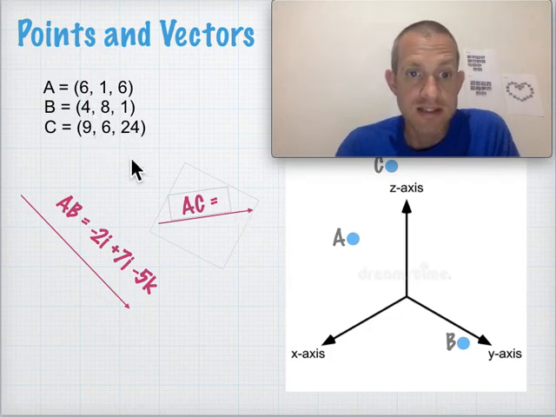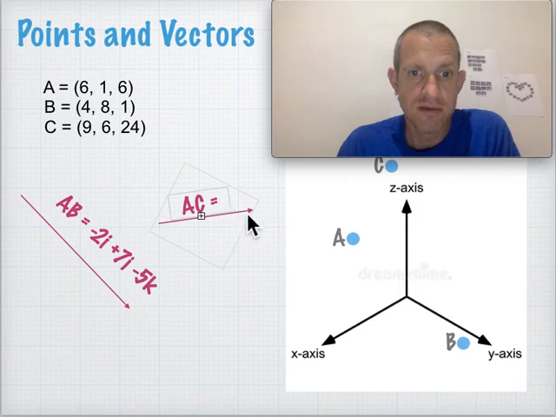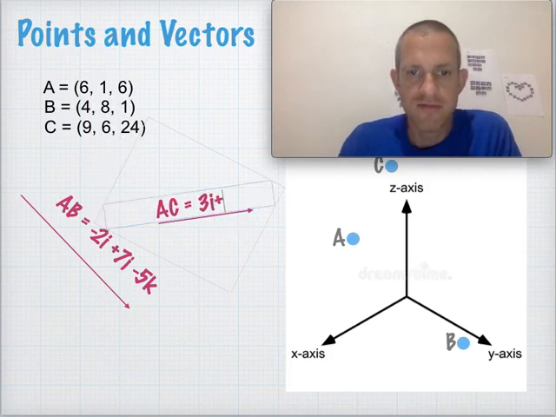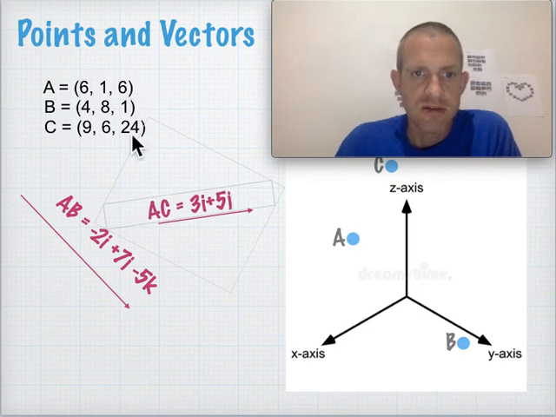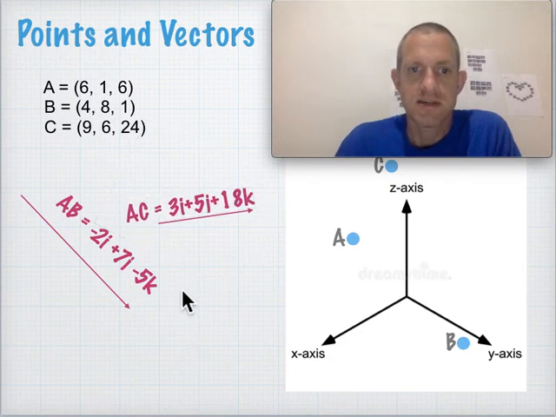To move from A to C, I'm increasing my x component by 3, my y component by 5, and my z component by 18. So there's AC.